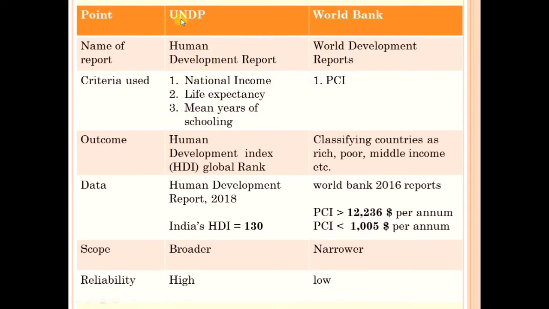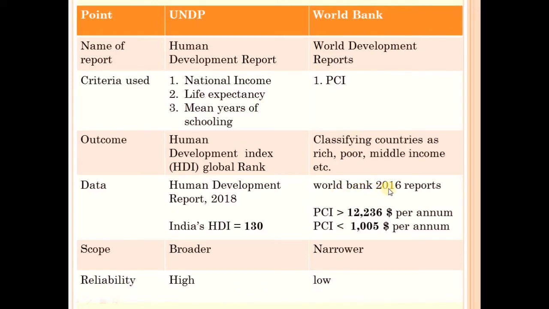Now friends, it's very important for us to understand the difference between World Bank reports and reports which are published by UNDP, United Nations Development Program. About the World Bank, we already have discussed in the previous session. World Bank reports take into account per capita income, and they classify the countries into rich, poor or middle income.